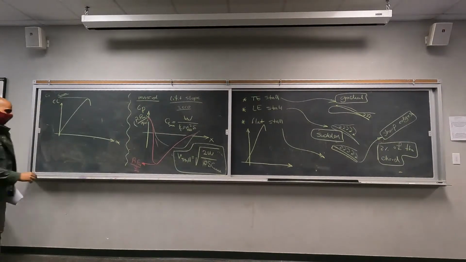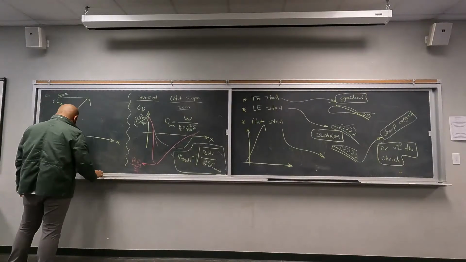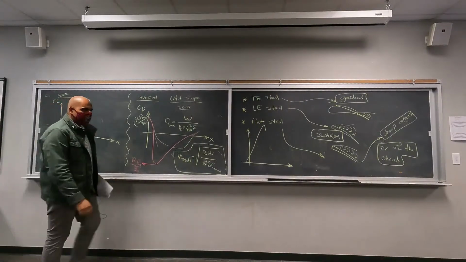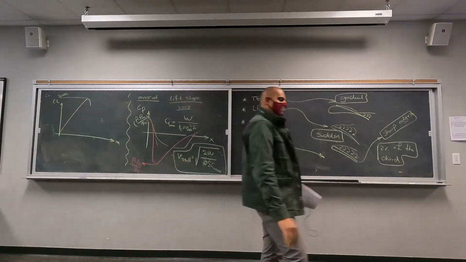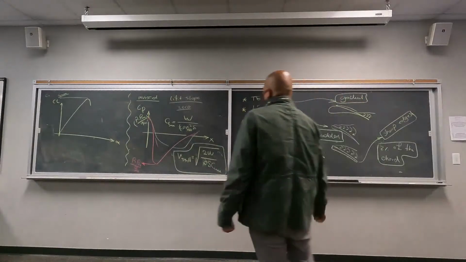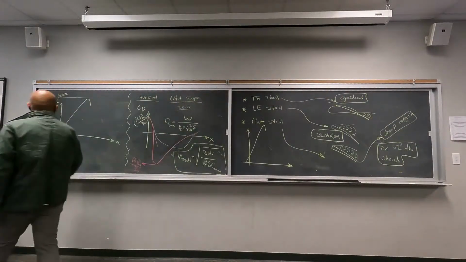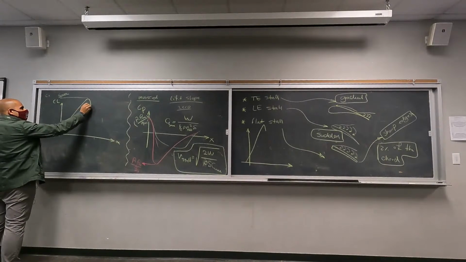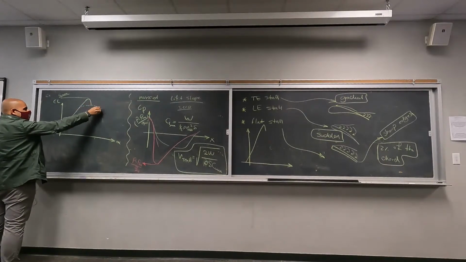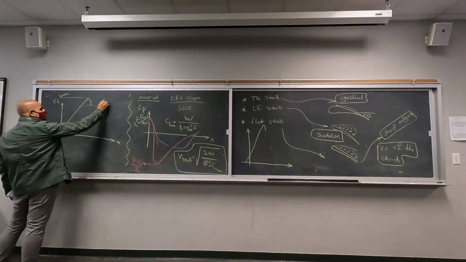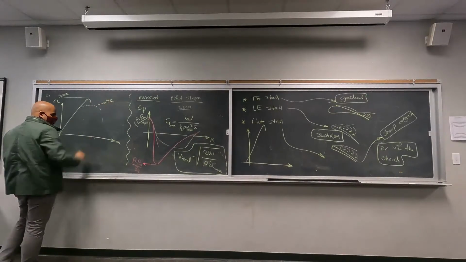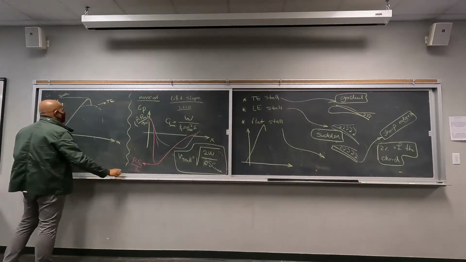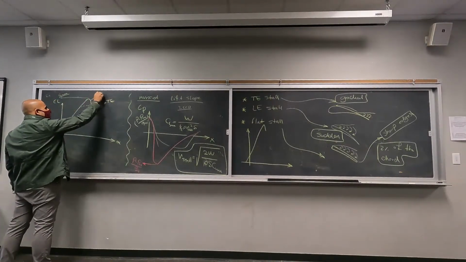But for the trailing edge stall, there's a very gradual nature to it. So the stalling starts somewhere here, and it goes for a longer time. I'm using the yellow color for the trailing edge stall, and the leading edge stall. Okay.